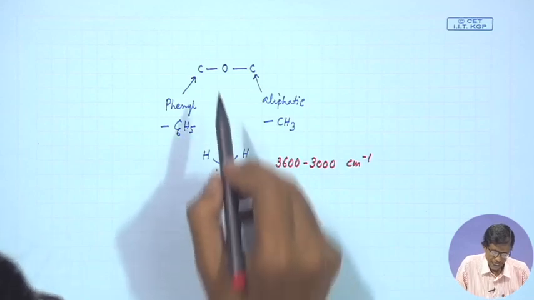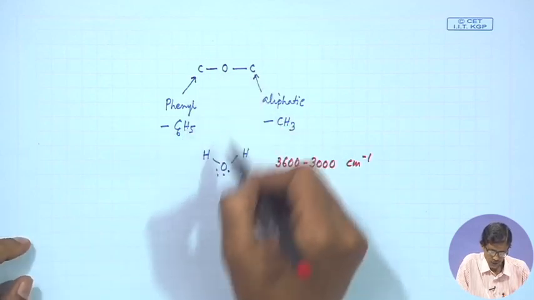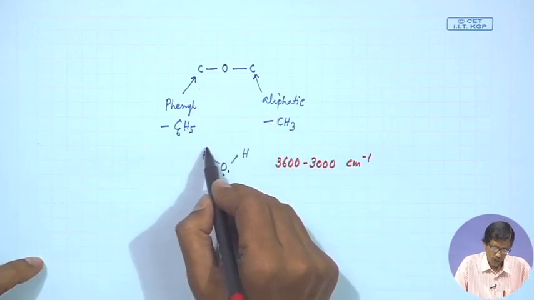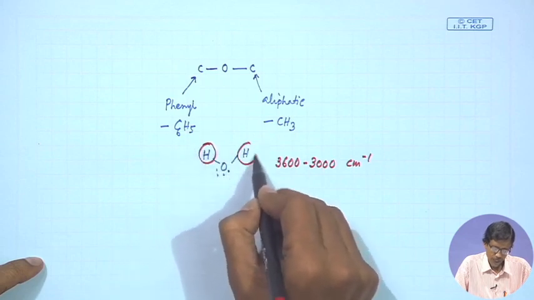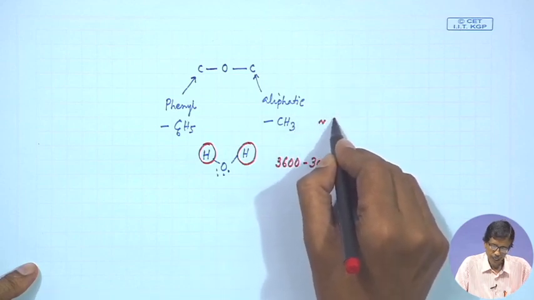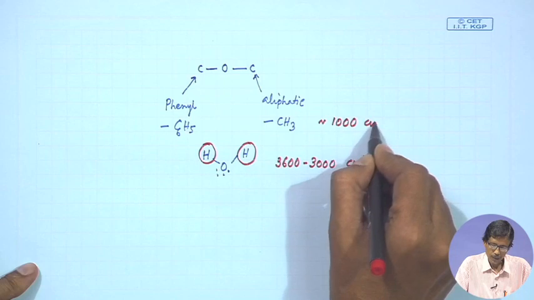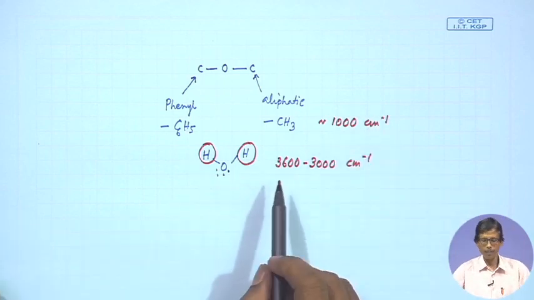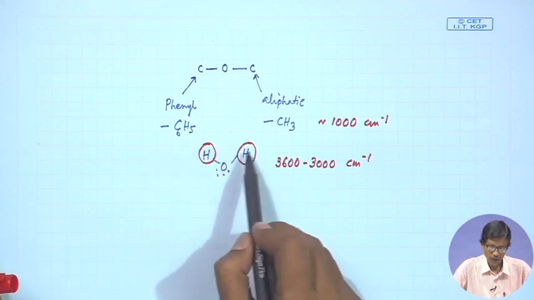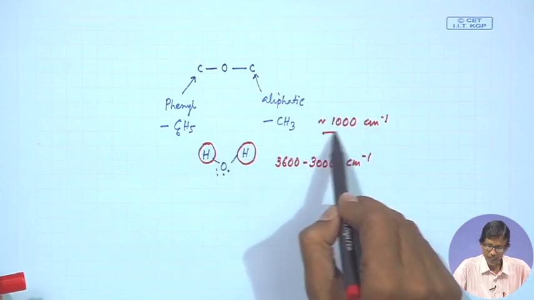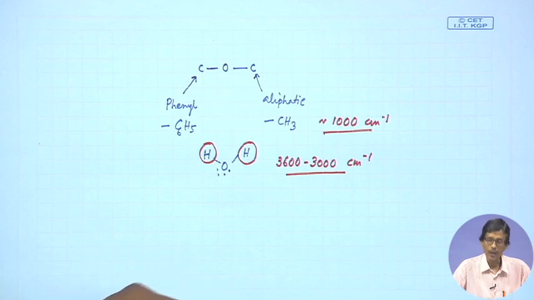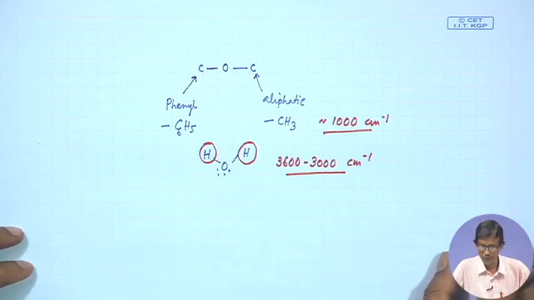The basic skeleton change is not that it is linear, it is also angular, but the replacement of this hydrogen by these carbon centers will move this particular stretching to the range of say 1000 centimeter inverse. So, we should always keep in mind what structural change is taking place, and the replacement of a very small atom like hydrogen by carbon will dramatically change the corresponding stretching frequency from 3600 to 3000 to 1100 centimeter inverse. Okay, thank you very much.